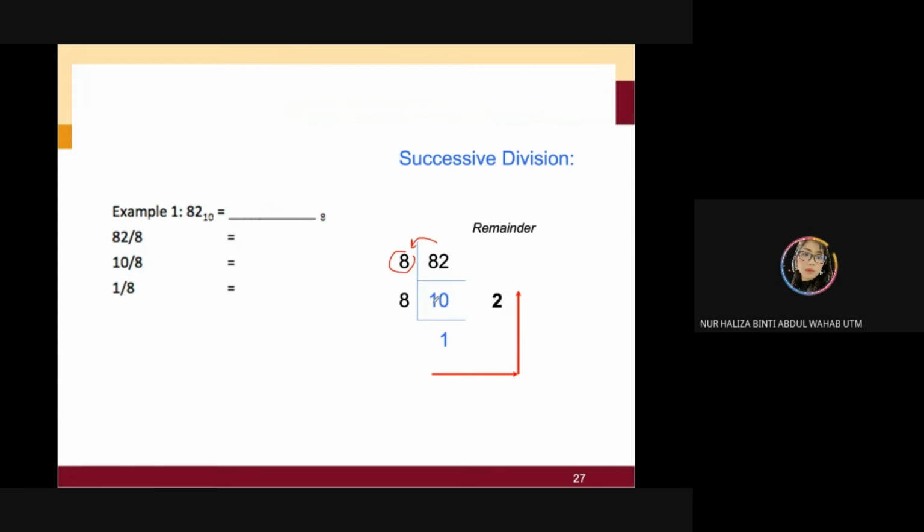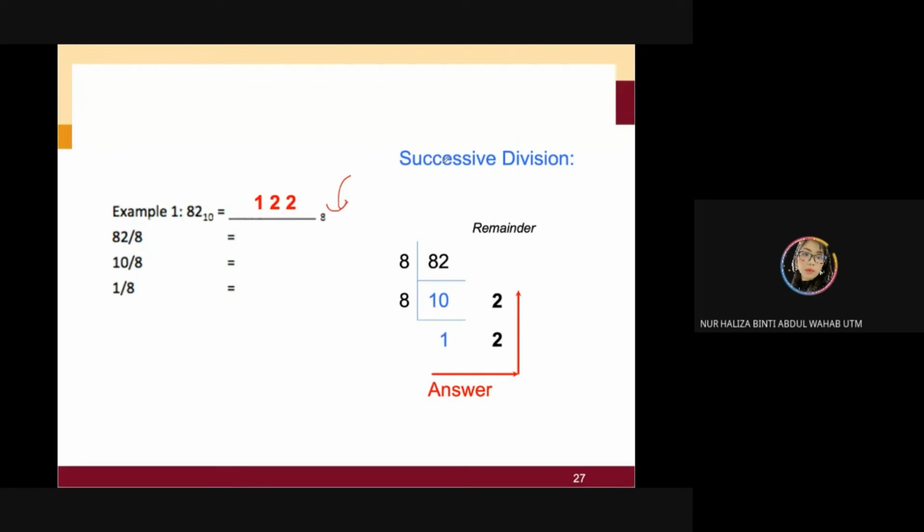And then 10 divided by 8, you're going to get 1, and there is another remainder, which is 2. And until up here only, then this is your answer of your conversion. Okay, this is our first example.